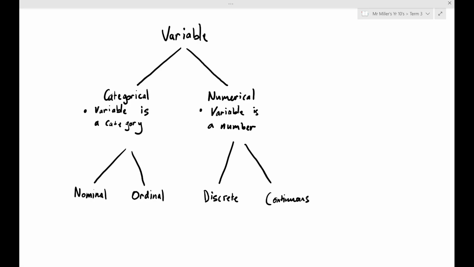We just nominate an answer, we nominate a response. For example, if I asked, "What country were you born in?" because I'm trying to gather data, and I ask some people and they respond, they're just nominating or naming their country of birth. And there's no order or ranking system to people's country of birth. So it would be nominal.